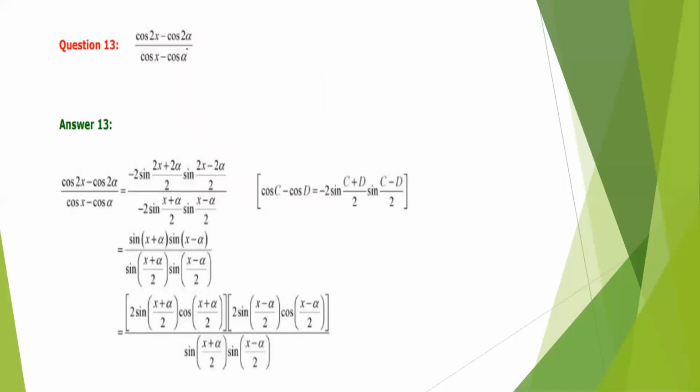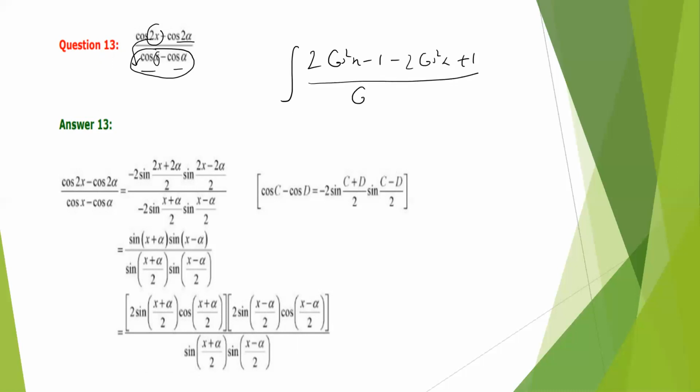Cos 2x minus cos 2 alpha upon cos x minus cos alpha. Now here we will try to remove this denominator part. Here the angle is 2x, here the angle is x. So let us convert this 2x into x. So cos 2x equals 2 cos square x minus 1. Similarly, cos 2 alpha is 2 cos square alpha minus 1, but it becomes plus. Here alpha is constant.